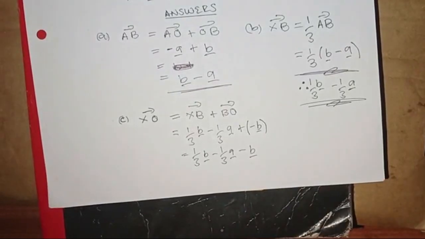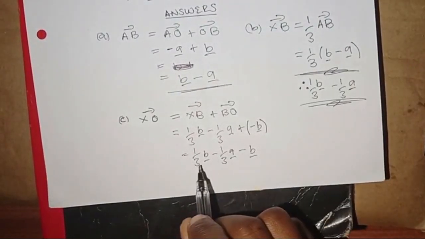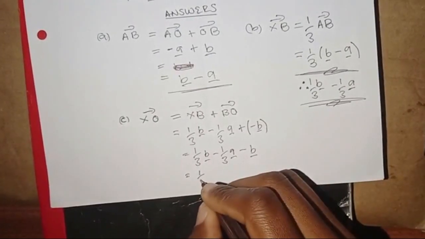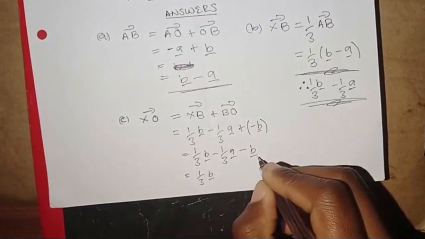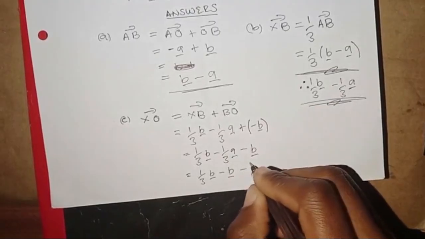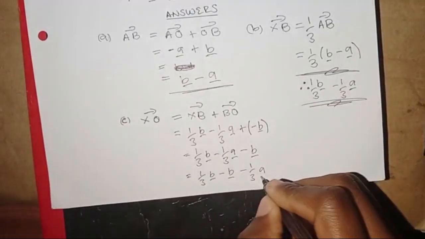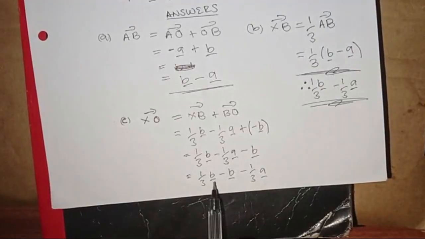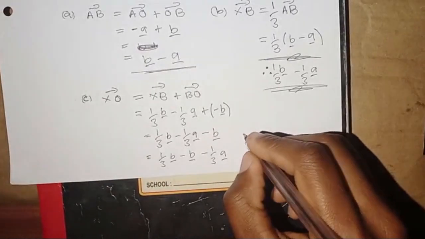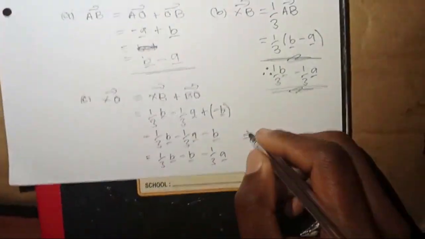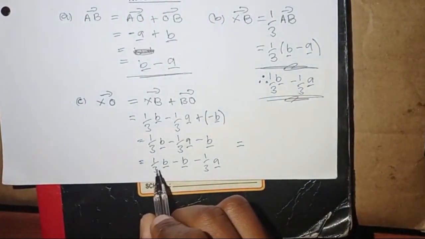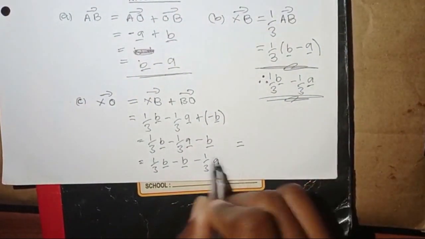So now we can collect the like terms. We can rewrite that. The terms that have that B, we're going to rewrite them together. We group them, then this minus B will come here. Then it's going to be minus 1 over 3 A, like so. Just because I'm running out of space here, I'm just going to rewrite the value.